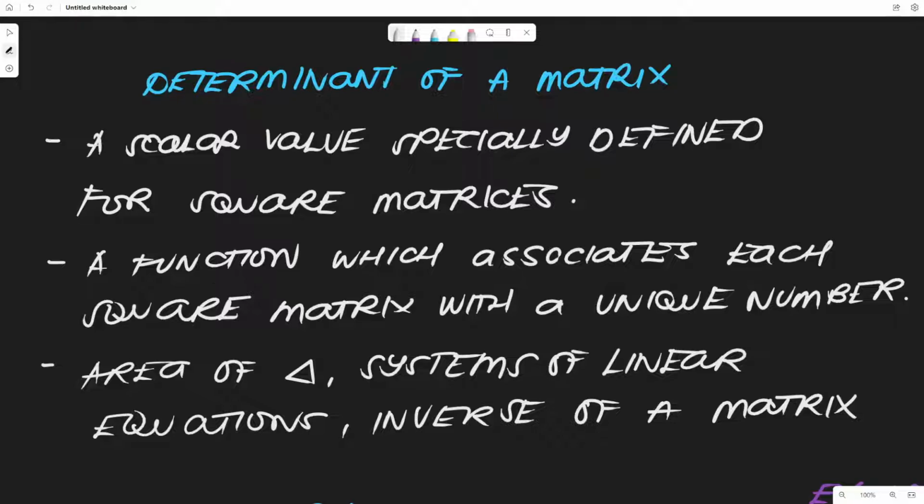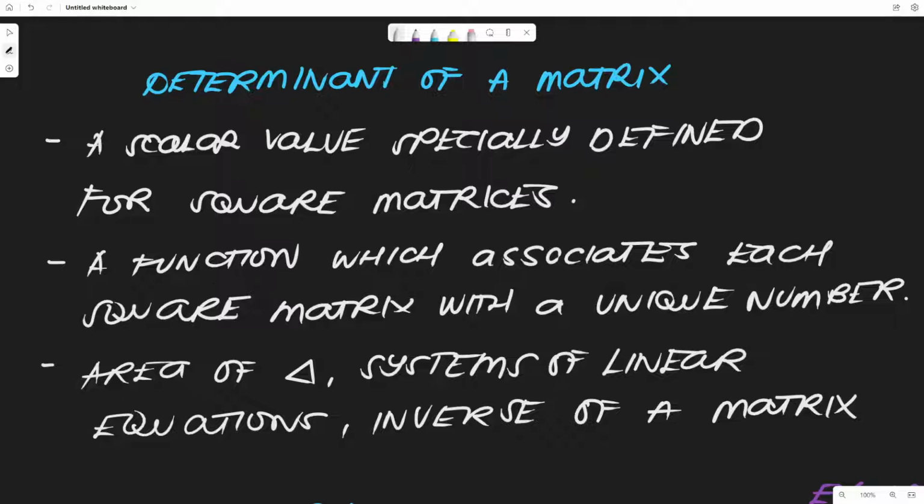What are the applications of determinants? We have here getting the area of a triangle, which we will not discuss. Determinants can also be used in getting solutions to systems of linear equations, by using Cramer's rule.